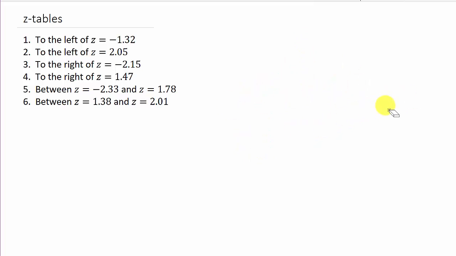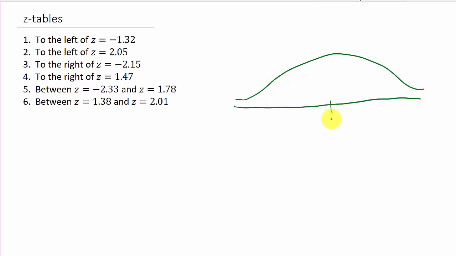Alright, let's take a look at the next one. To the right of negative 2.15. We draw our picture and we want the area to the right. Remember what happens when we look this up: it gives us the area to the left.